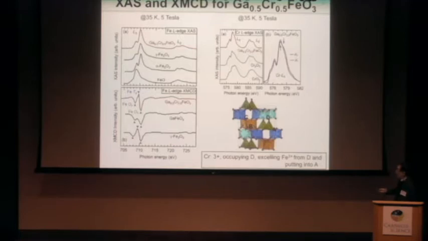So it means that when chromium is substituted, the cation in the octahedral site is expelled from the octahedral site and can occupy the tetrahedral site.